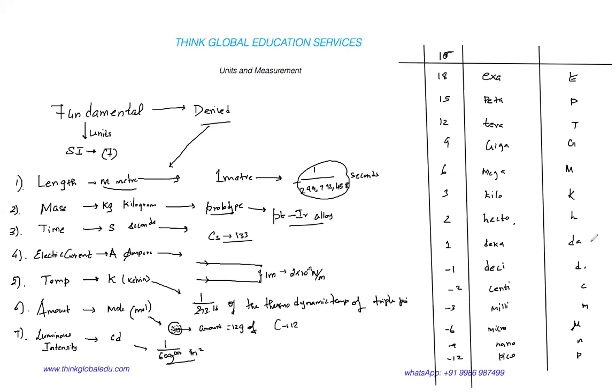We have to differentiate between capital P, which is peta, and small p, which is pico. Then 10 to the power minus 15 is femto, and at last 10 to the power minus 18 is atto. Femto is represented by small f and atto is represented by small a.